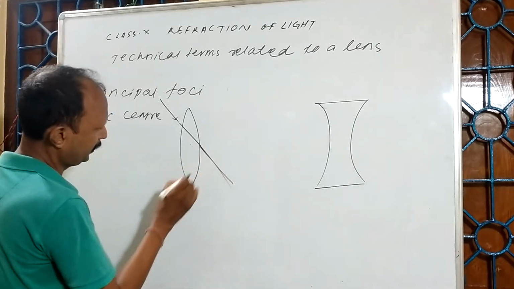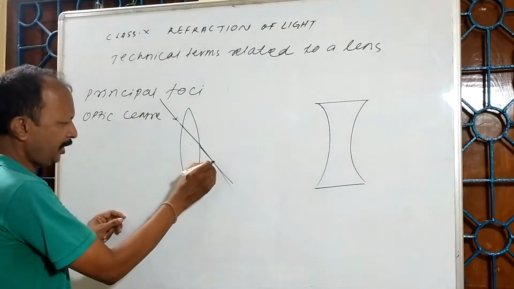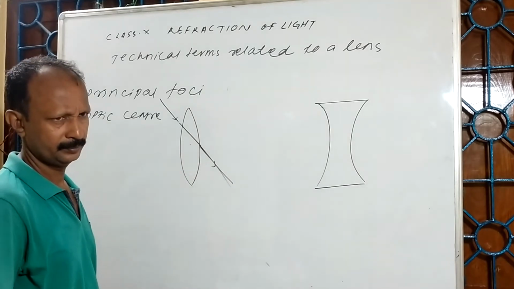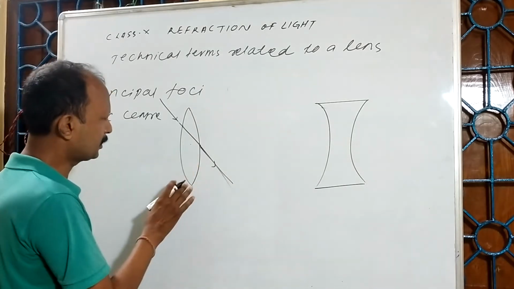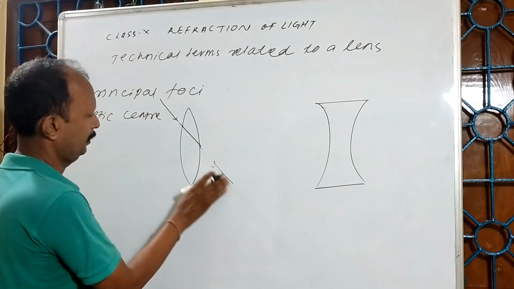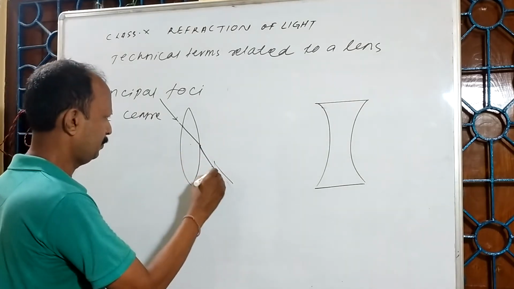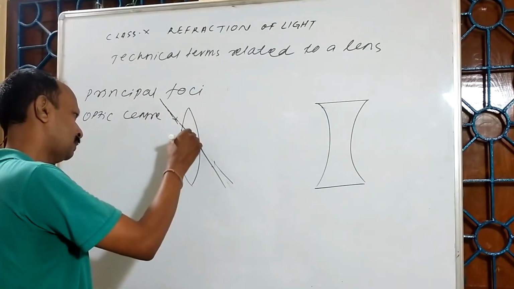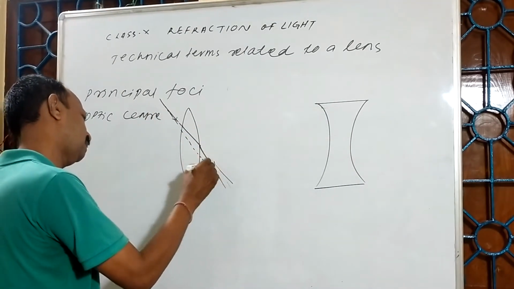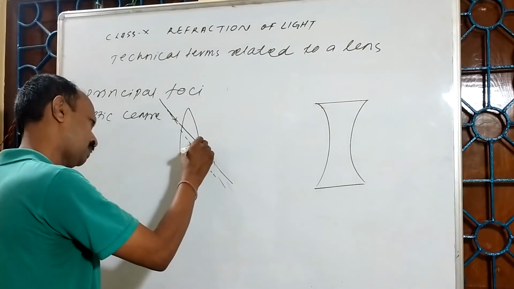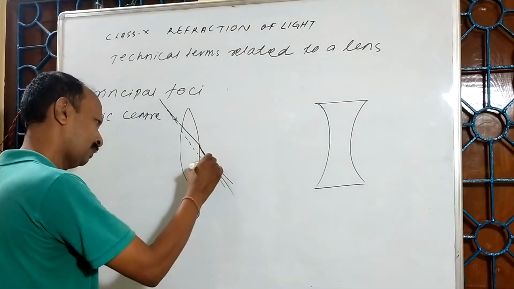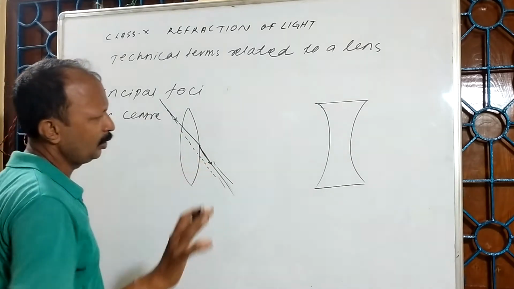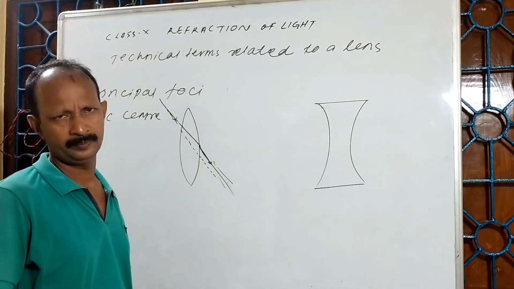But you will find that this incident ray and the emergent ray seem parallel. Light is bending, but it seems parallel. This is the incident ray. This is emergent ray.